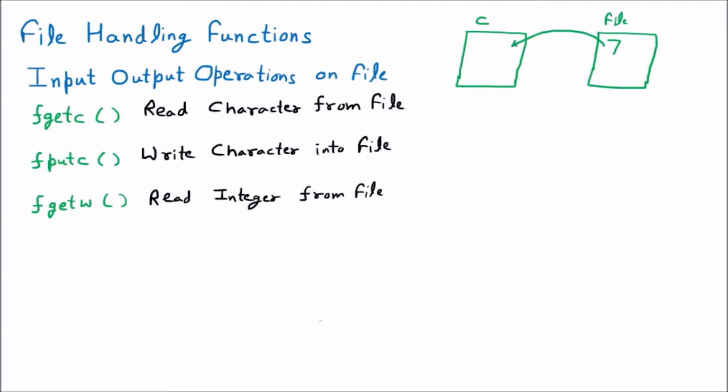So the fgetw function is going to help you. If I talk about the syntax, it is the same: fgetw, file get integer. In the bracket we are going to pass the file pointer, and whatever value is returned will go to the integer variable. Let us suppose n is the integer variable.